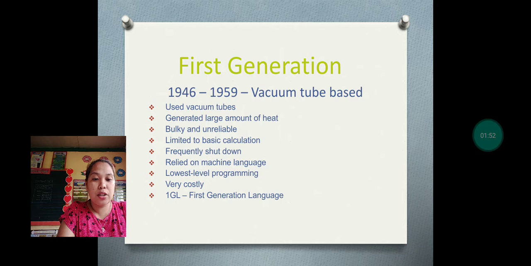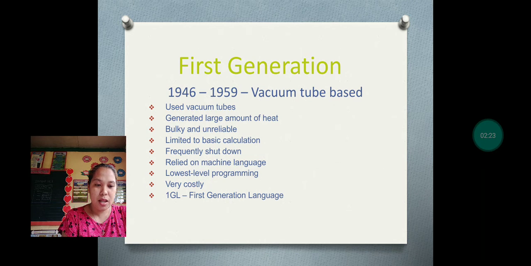It used vacuum tubes. The vacuum tube of this first generation computer is the basic component for the memory and the circuitry for the CPU. This vacuum tube generated a large amount of heat, which is the reason first generation computers frequently shut down.